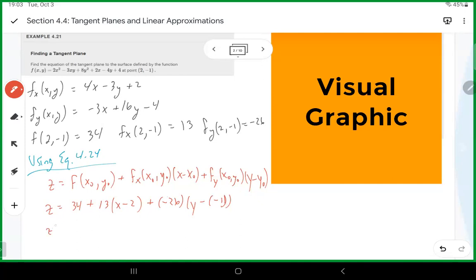So that works out to 34 plus 13x, thank God, minus 26 minus 26y minus 26.